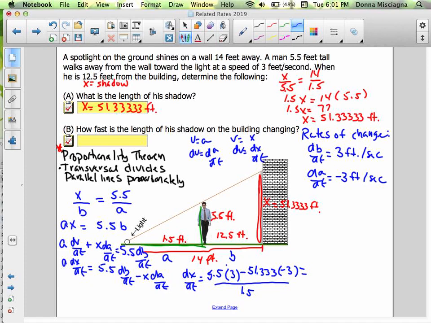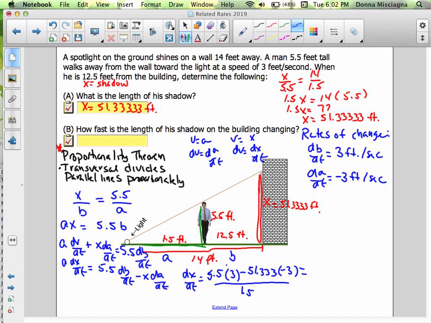That's a non-working calculator. All right, so we've got 5.5 times 3, and then plus 51.333 times 3.